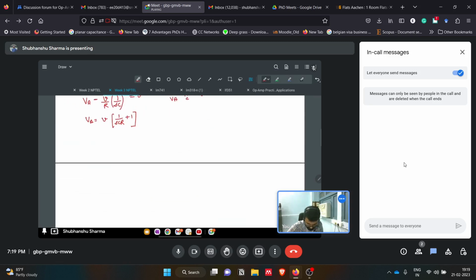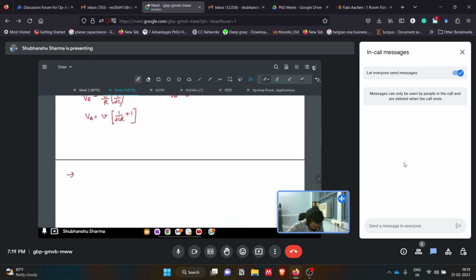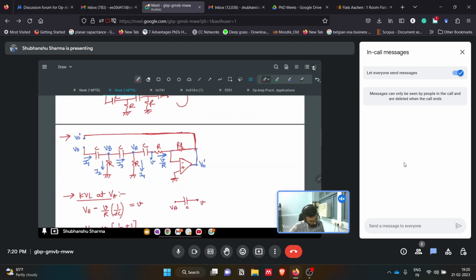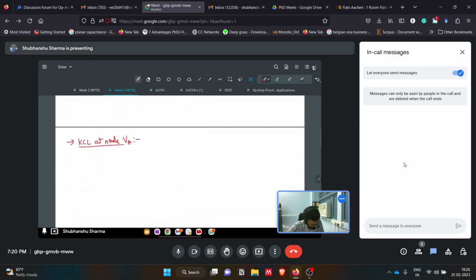After that, we'll apply KCL at node VA. So I'll just draw a VA node here. VA has a capacitance, one resistor, and again a capacitor.